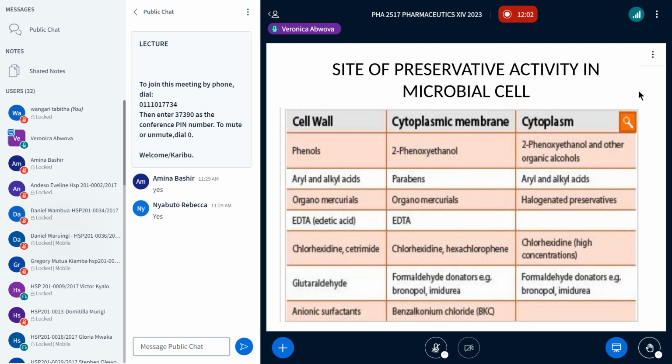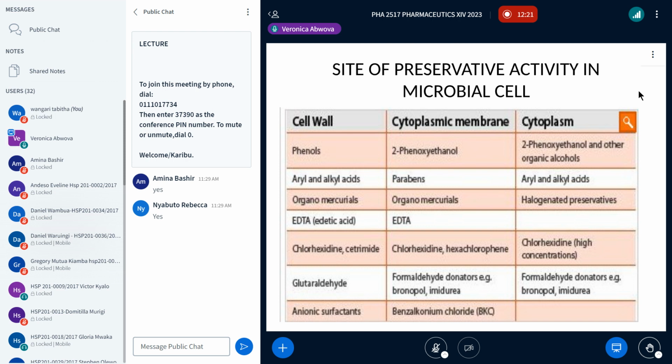So, for instance, looking at this table, you can see different antimicrobials will have affinity for different areas within the cell. Okay, so we have those that have an affinity for the cell wall.